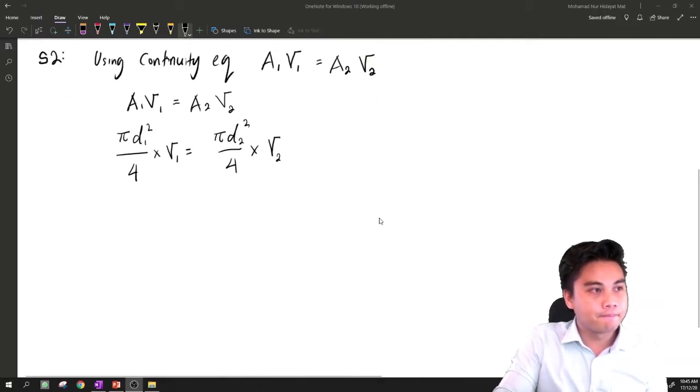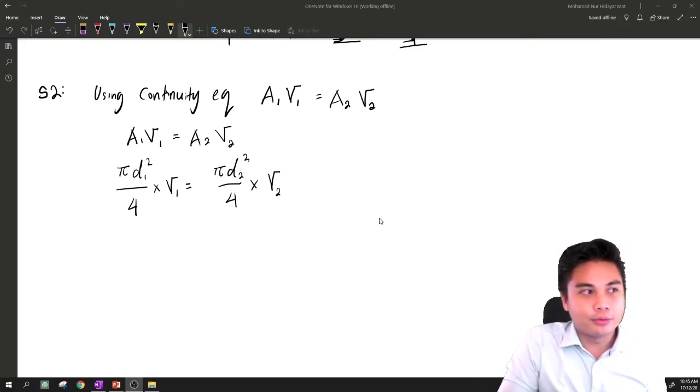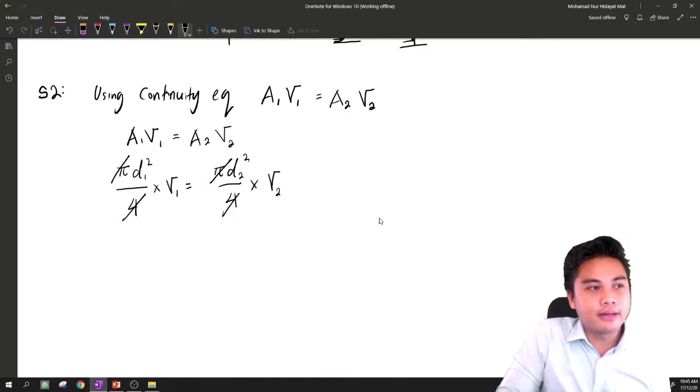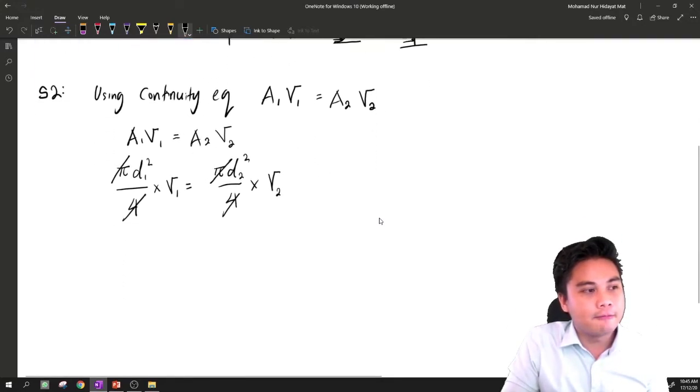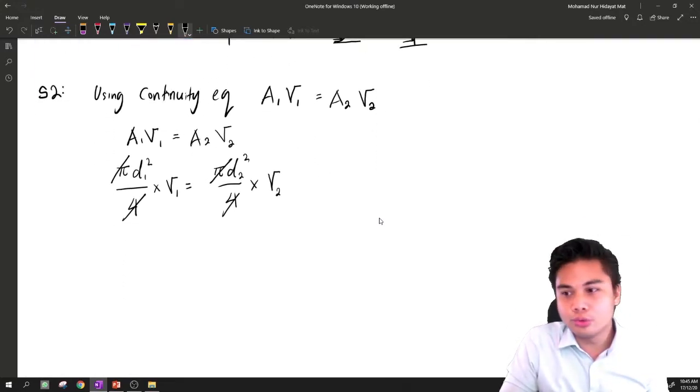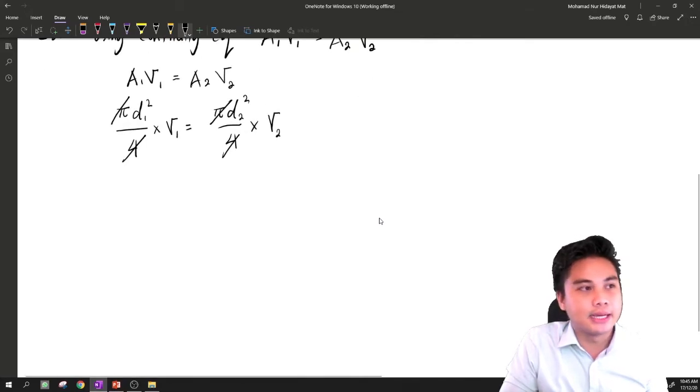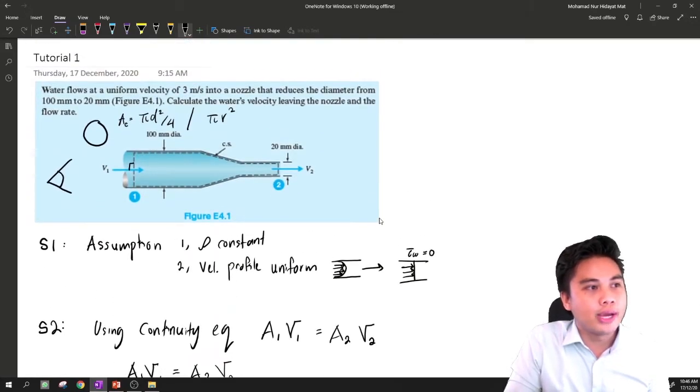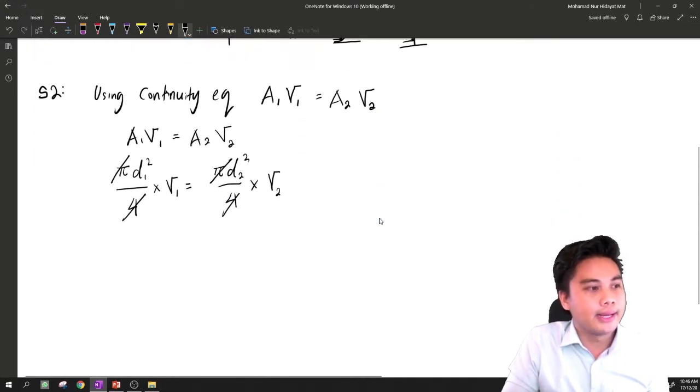Then we cancel out the same terms, pi with pi, 4 with 4, and it leaves only these terms. Rearrange the equation to make velocity the subject, because we need to find the velocity leaving the nozzle, which is this velocity. Rearrange to make velocity 2 the subject.